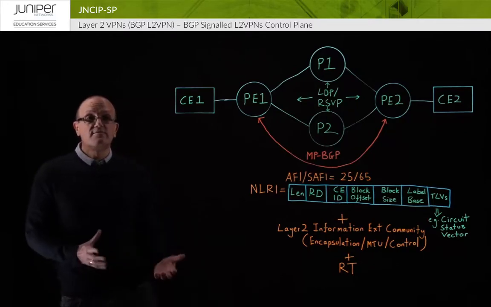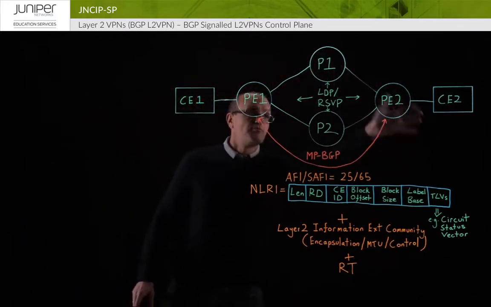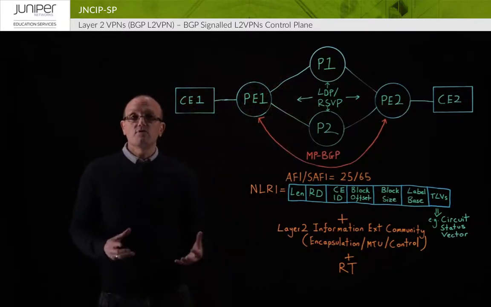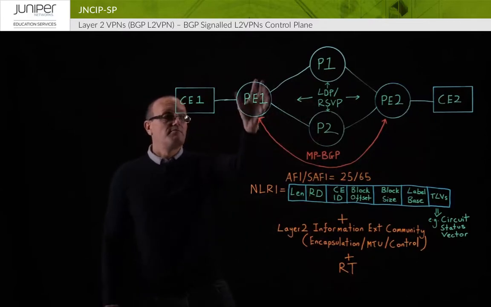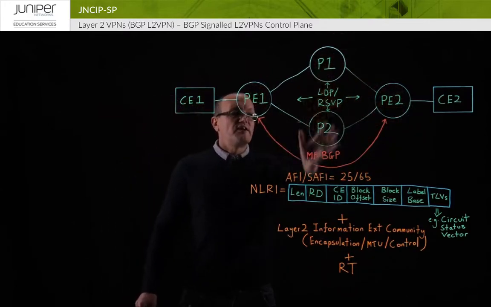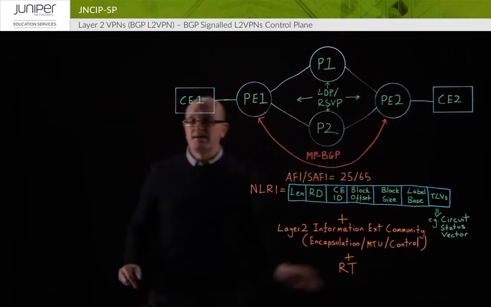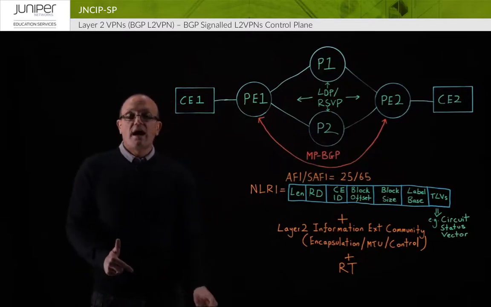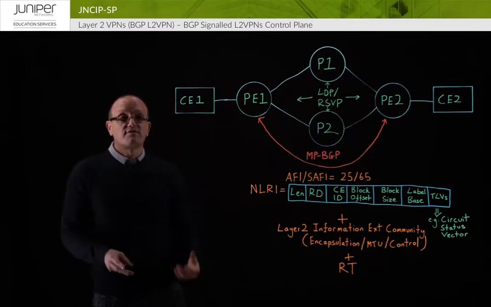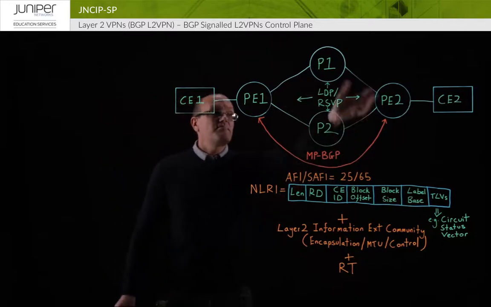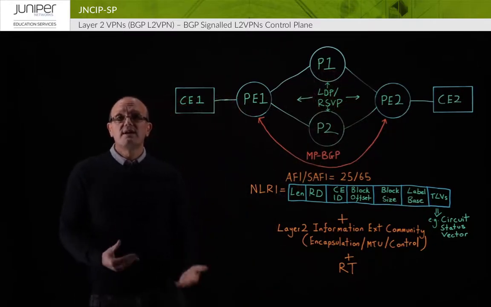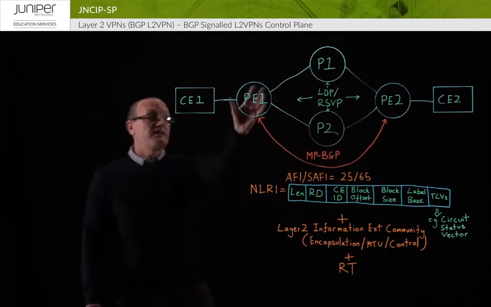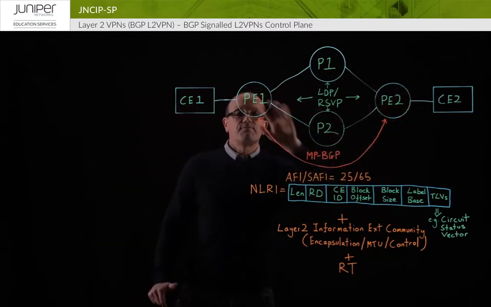So we have an example network outlined on the board. We have our CE devices interconnected to our PEs, which are interconnected via the Ps in the middle. And much like with Layer 3 VPNs, we have LDP or RSVP running in the core of our network that's providing label switch paths between our PE routers.